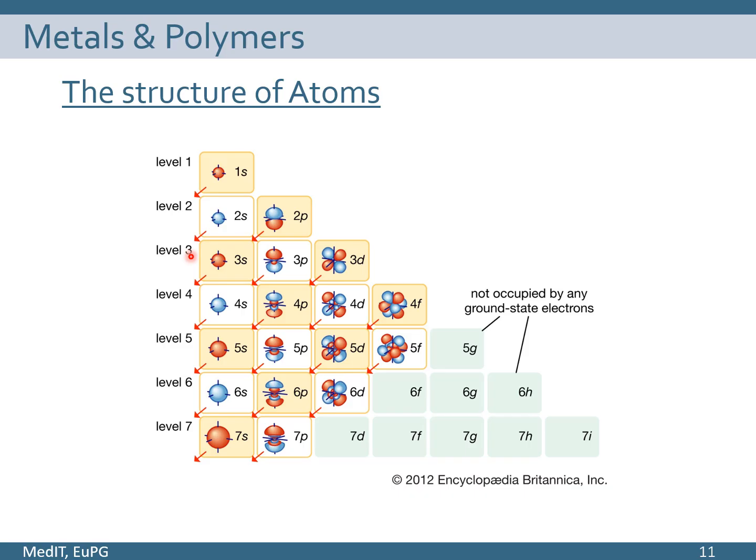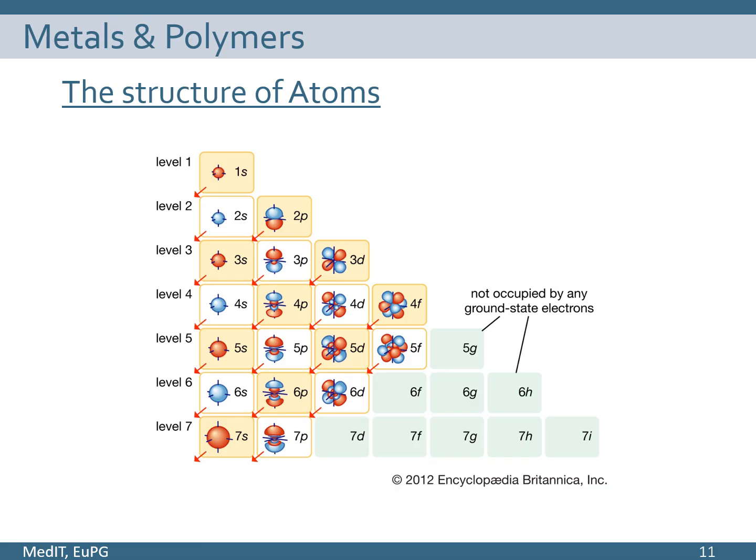So they start by filling the 1s level, then the 2s, then the 2p, then 3s, then 3p, then actually 4s. I will not go into details here, but the 4s orbital has an energy slightly lower than the 3d orbital. So the 3d orbital comes next, then the 4p, 5s, 4d, etc. You just have to follow the arrows.